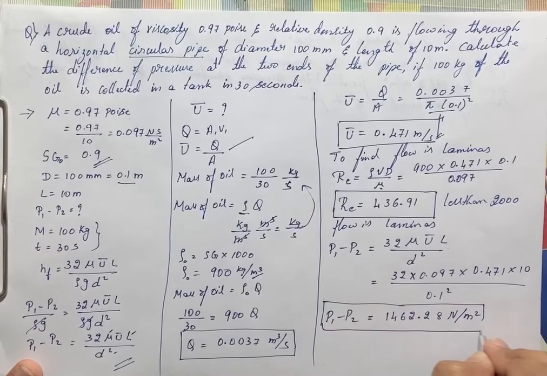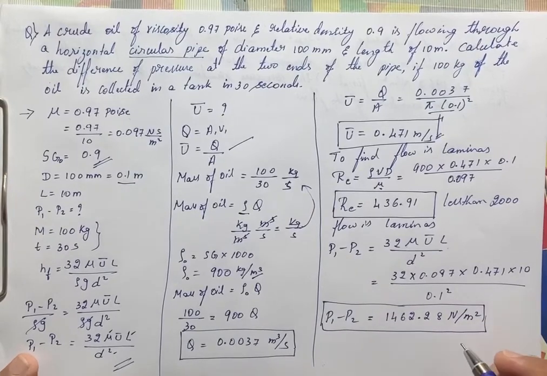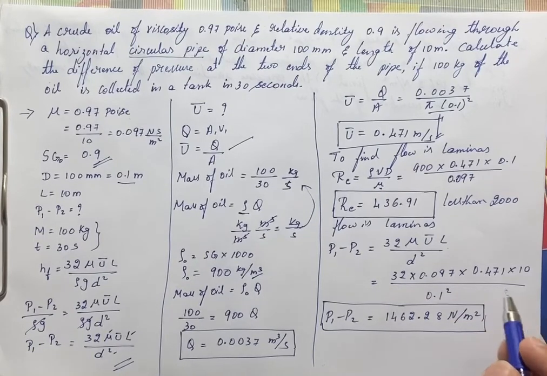If I want to write it in terms of Newton per centimeter square, meter to centimeter is 10 raised to minus 2, and as this is in the denominator, when it goes to the numerator it becomes 10 raised to plus 2.